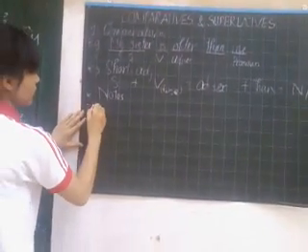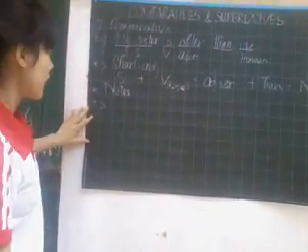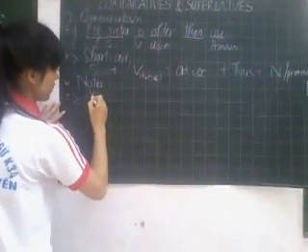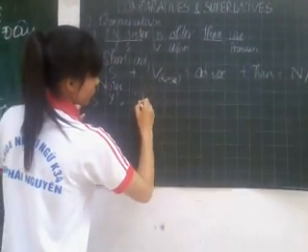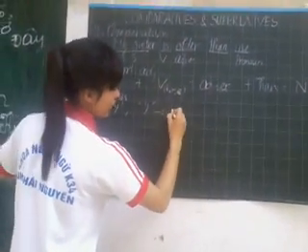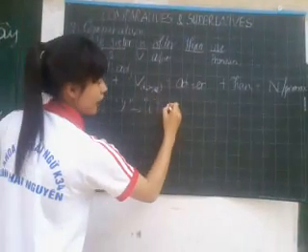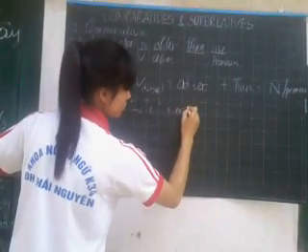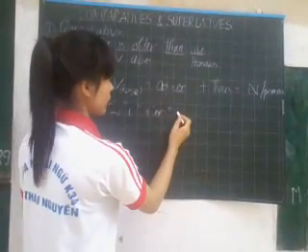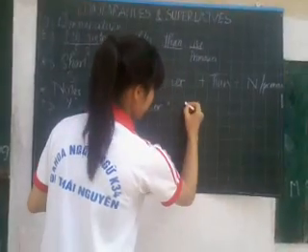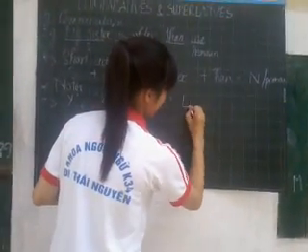First, the adjectives ending with y. We have to change y to i before adding er. For example, we have the adjective lucky.